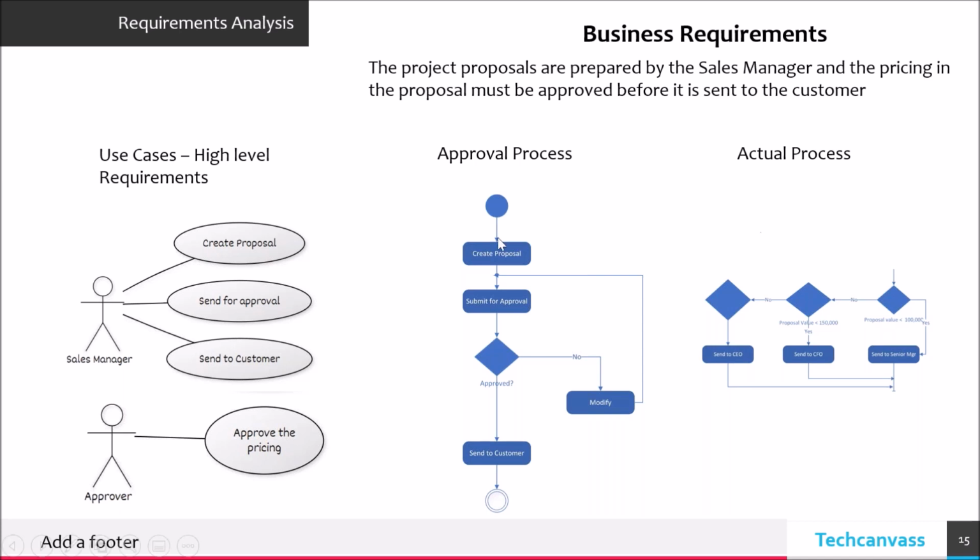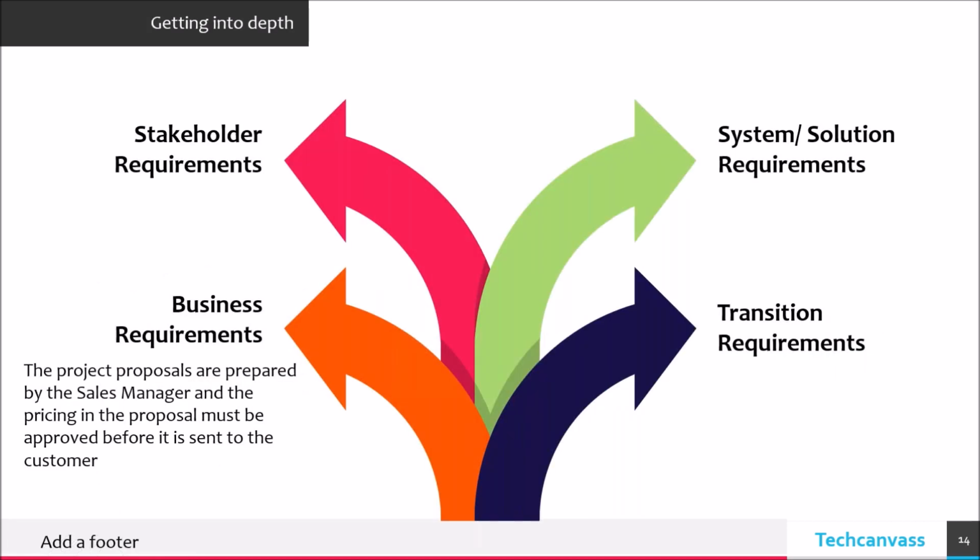Okay, so step one, we have created the use case. Now we go to step two, where we are now saying, let's talk about how this approval will happen. Okay, so what do you think is the simple process which the company will follow to approve the proposal?